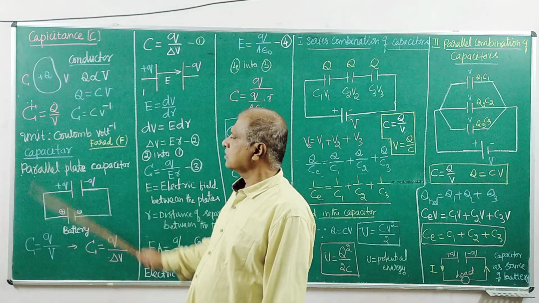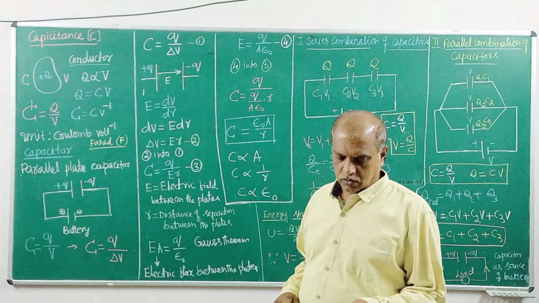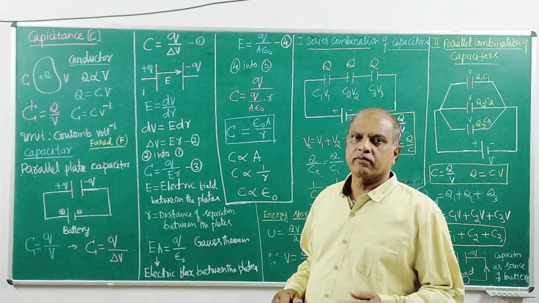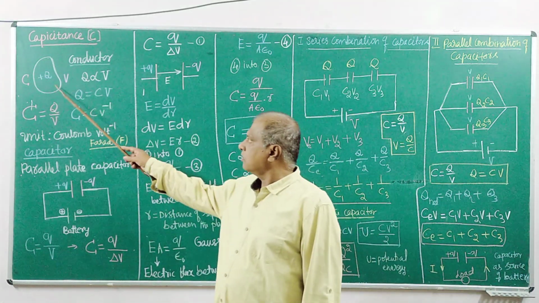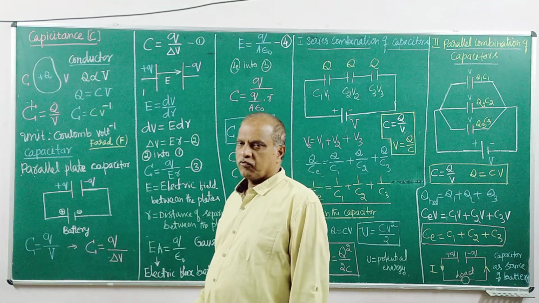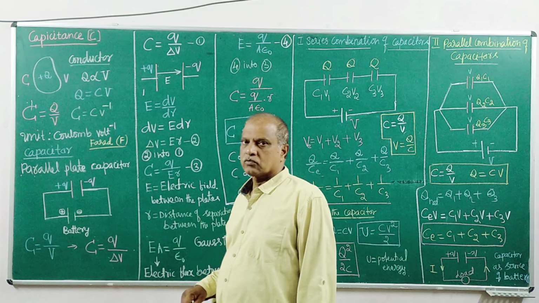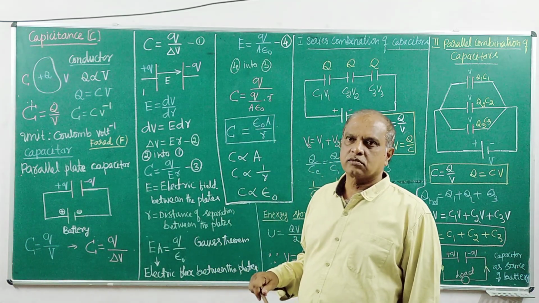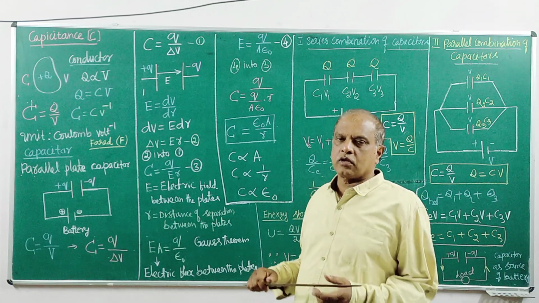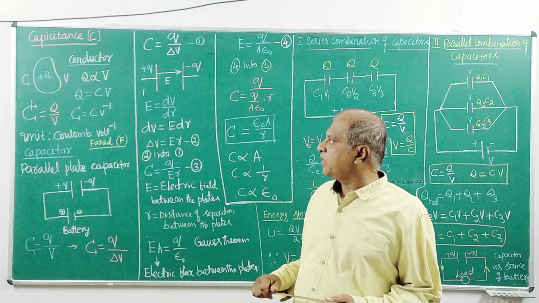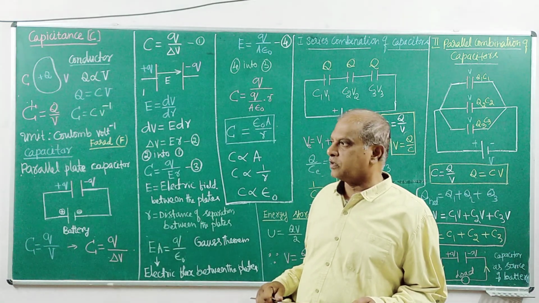It says it is a capacity or capability or ability of the material or the conductor which stores up that charge, which accumulates the charge. What amount of charges the material can accommodate, that is called capacity.